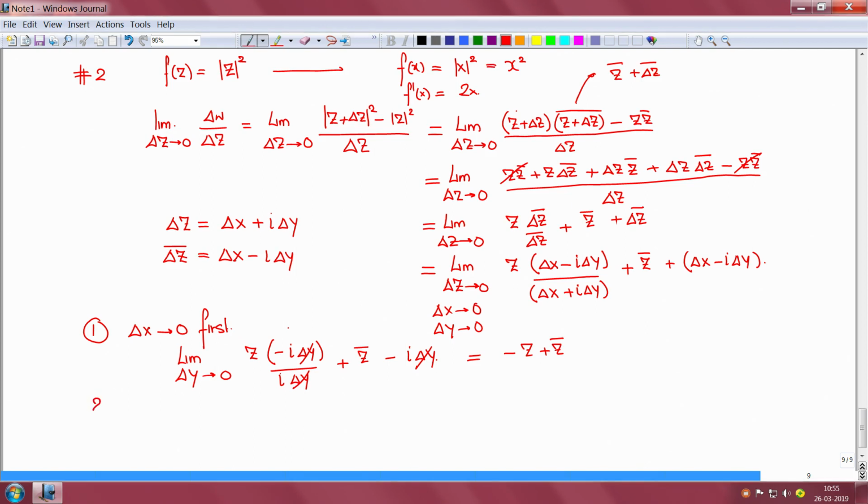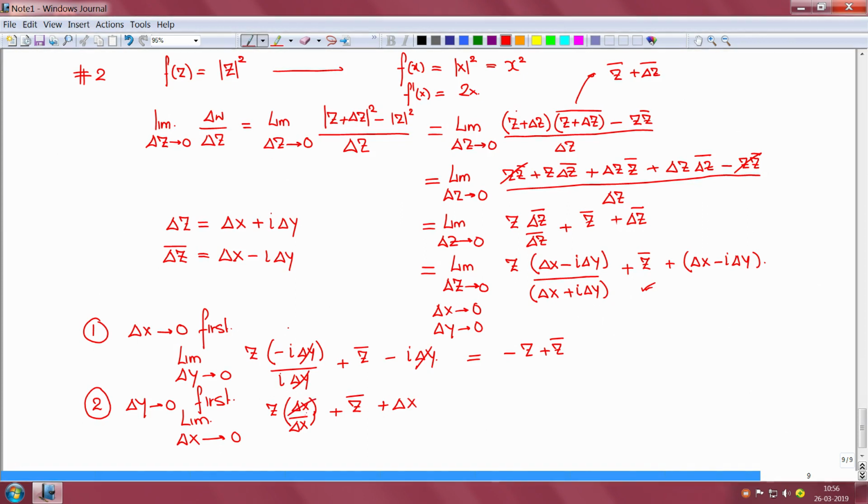Second case, we set delta y to 0 straight away first. Then we are left with limit delta x tending to 0. In this expression over here, we have to set delta y to 0 first. So we get z into delta x by delta x plus z bar plus delta x.